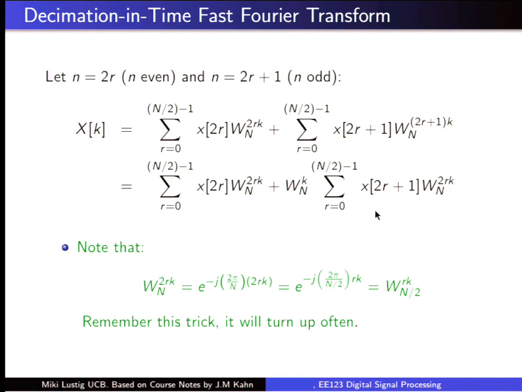That's great. But remember, there were some properties of this W sub n to the power of r that we can exploit. So let's think about this. What is W sub n to the power of 2rk? Well, the 2 can just go down.